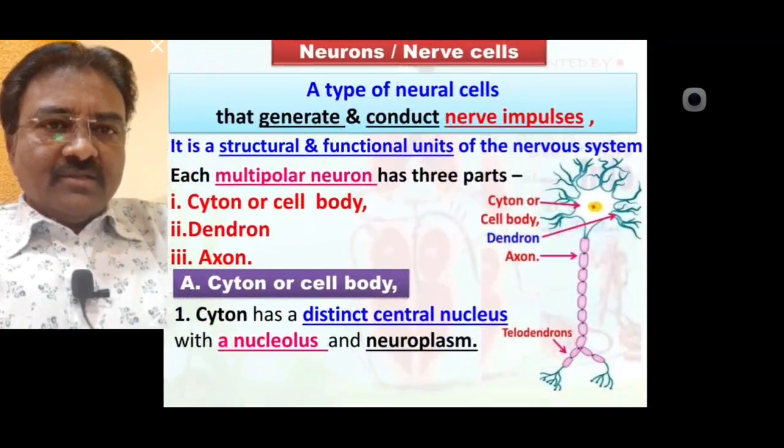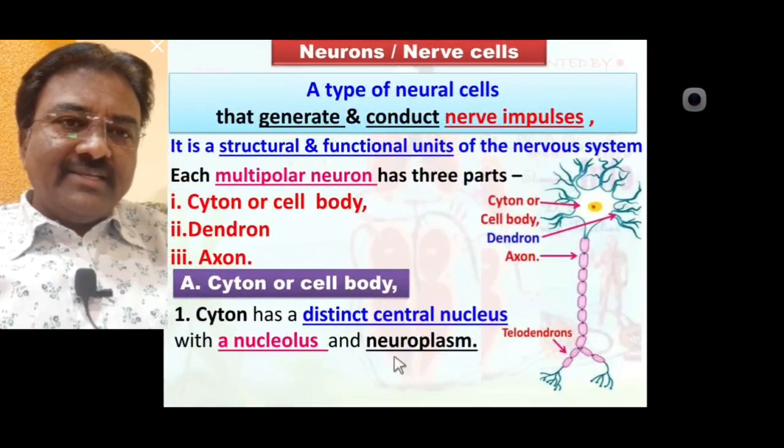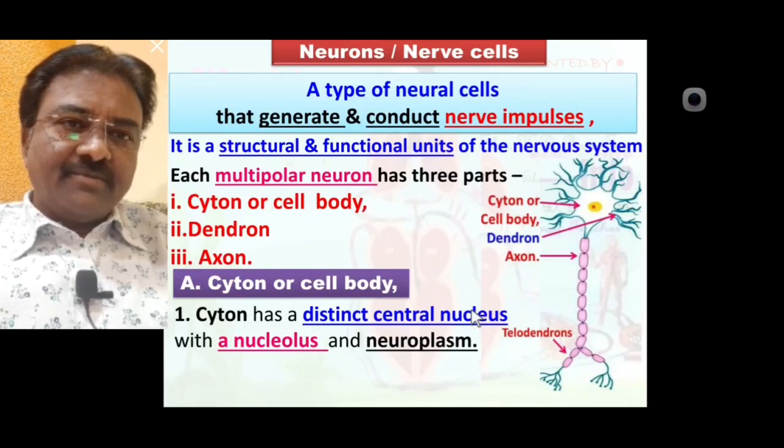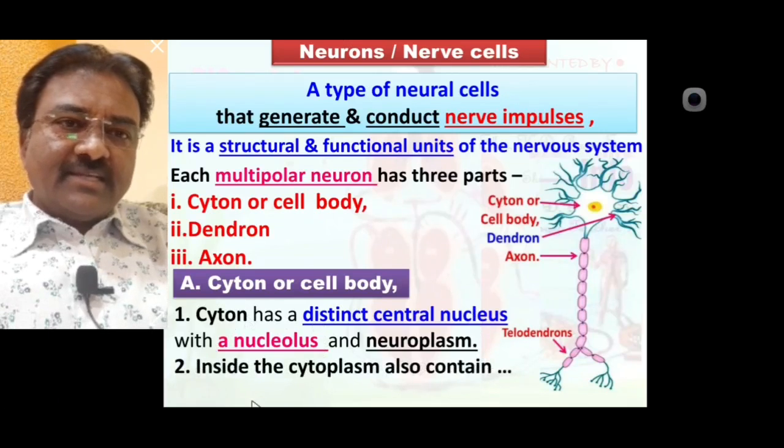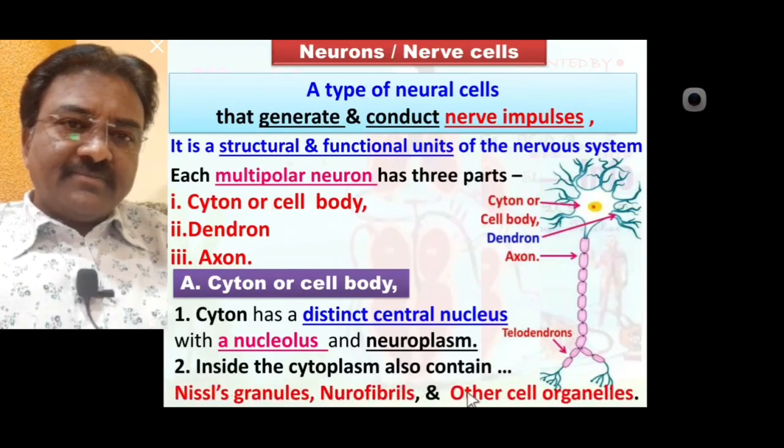So cyton has a distinct central nucleus with nucleolus and nucleoplasm.